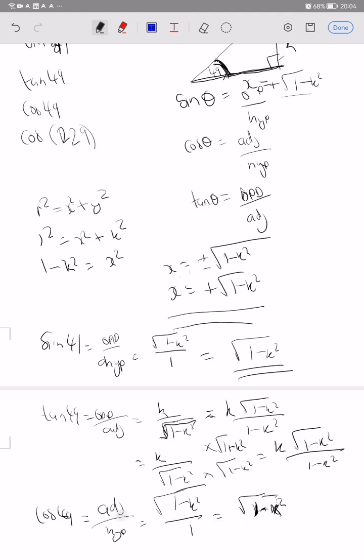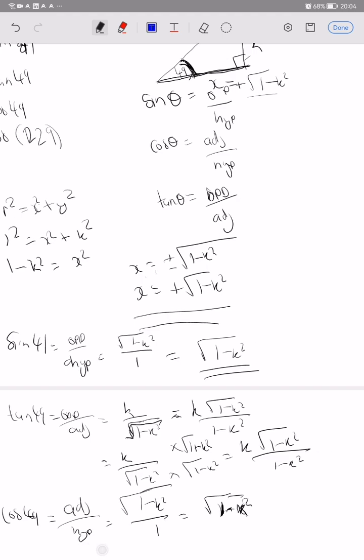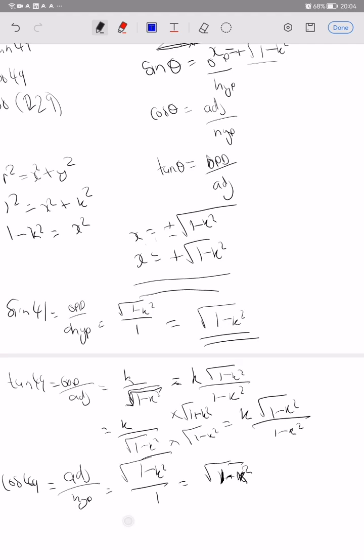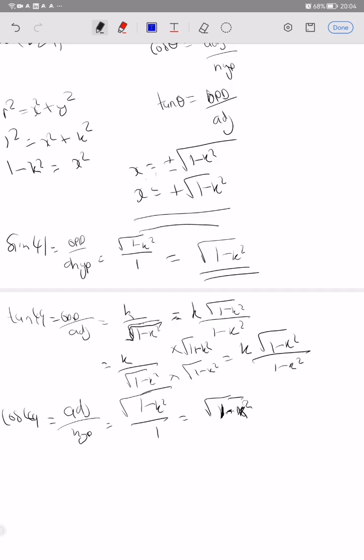Alright, then we're required to find cos 229. So what do you do from there? Cos 229 becomes cos of 180 plus 49. This becomes negative cos of 49, and remember it will be negative.